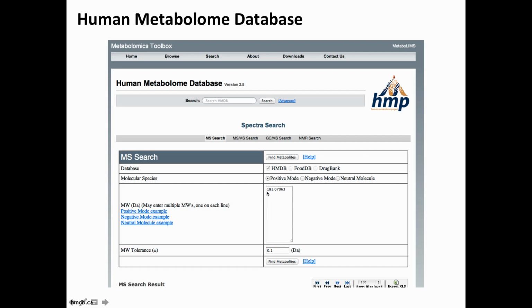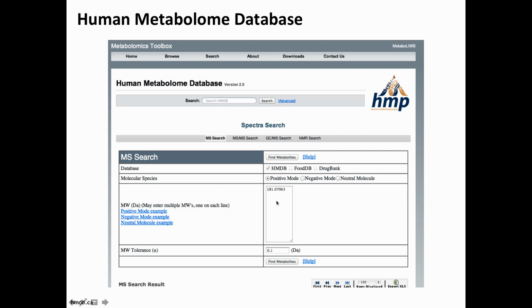So if you have a feature that is differential and comes out of the analysis we did yesterday afternoon, you get a list of features and say 10 of them are interesting. You just look at the mass of this feature, the monoisotopic mass that you can extract. It's part of this table that comes out of the OpenMS analysis. And you just paste that number into this search field, and this will then perform an accurate mass search.